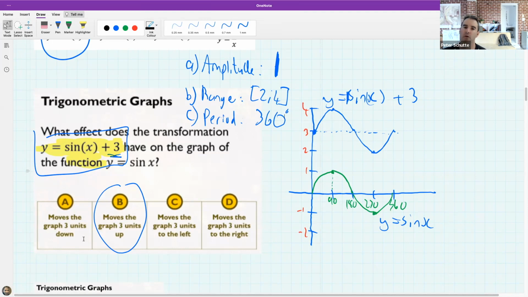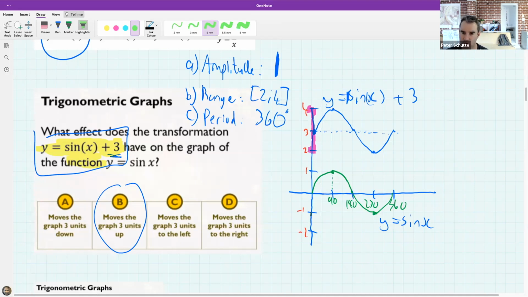Explain range. Okay. When you have a trig graph, the range is when you go, what y values are involved? So in this second blue graph, can you see that I only ever live between those y values? The highest I get to is 4, the lowest I get to is 2.